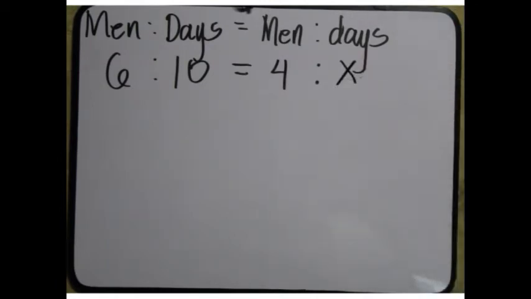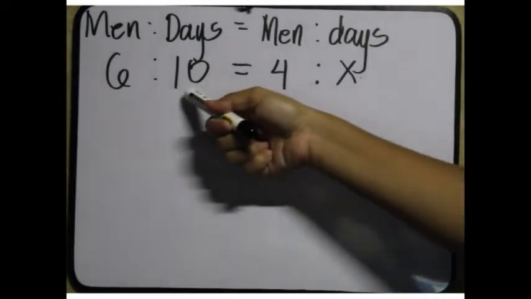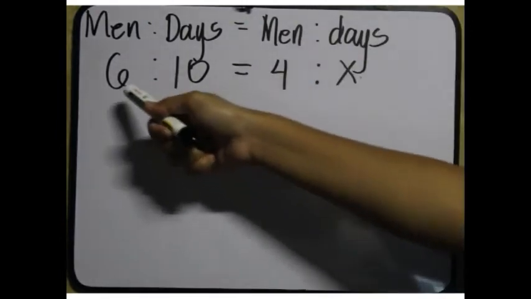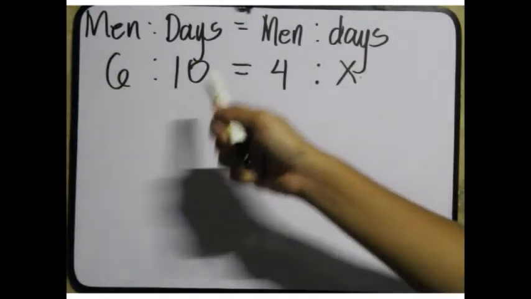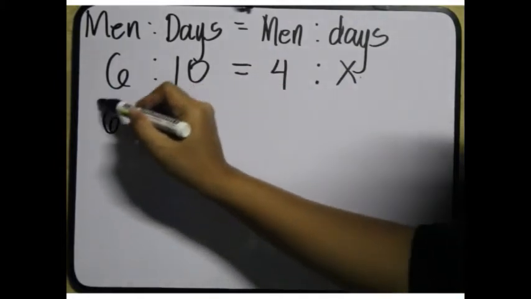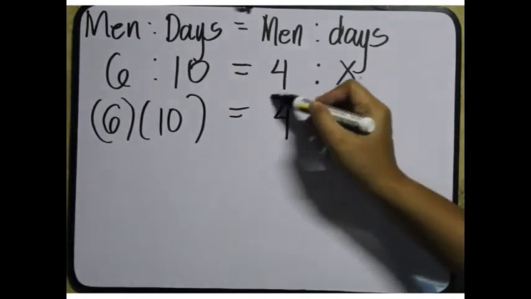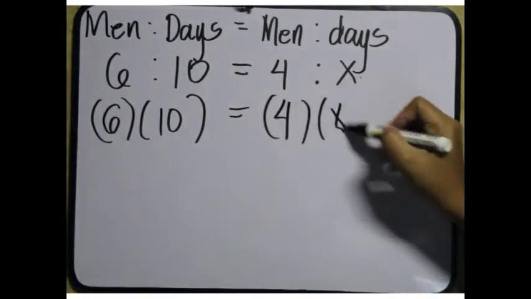Okay, solving this, unlike in direct proportion where we get the product of means and means, here we will get the product of extreme and means. So that will be 6 times 10 is equal to 4 times x.